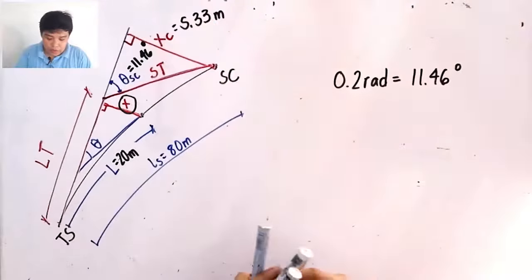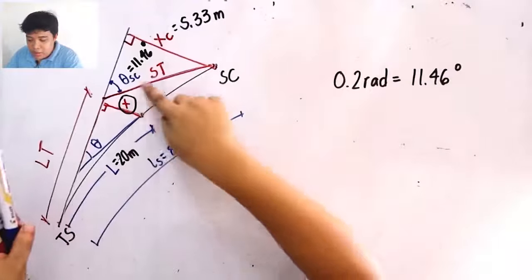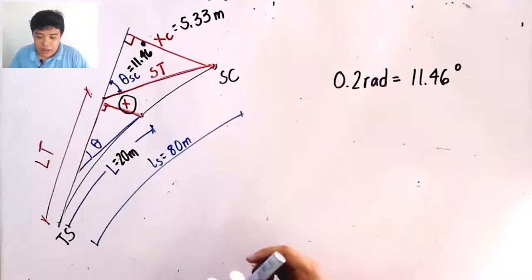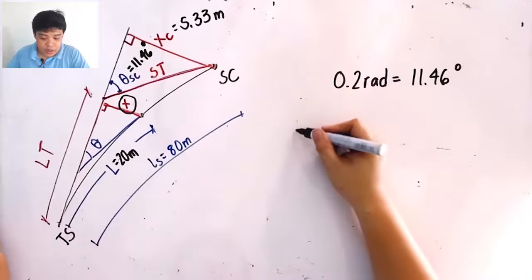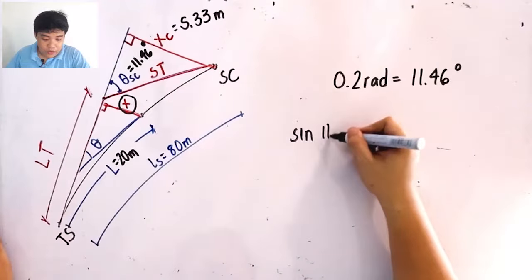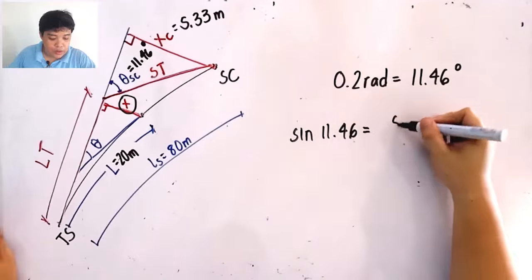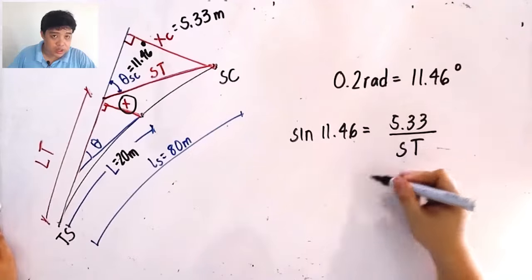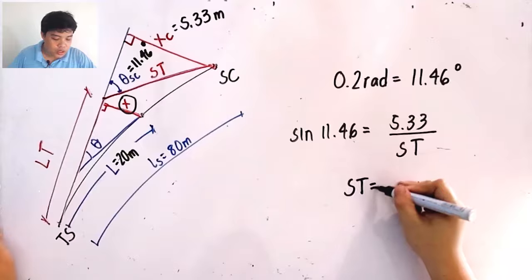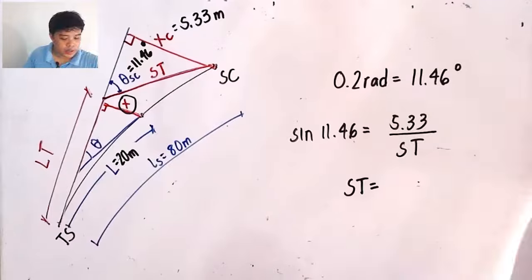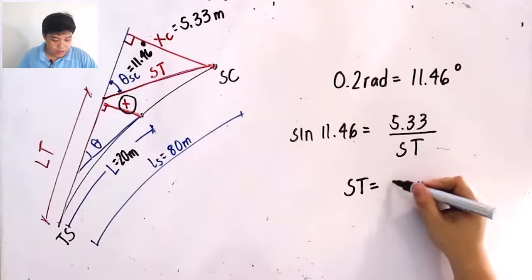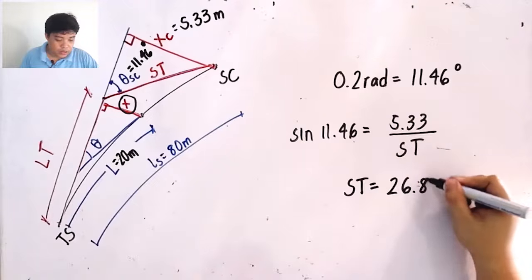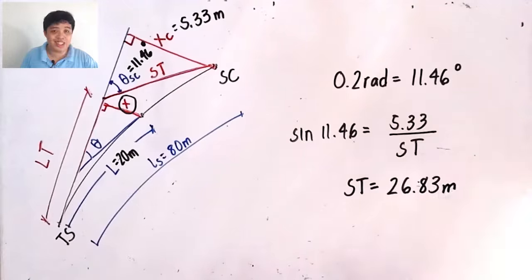If I consider this right triangle, it follows that the sine of 11.46 degrees is 5.33 all over the short tangent. So therefore, short tangent is equal to 26.83 meters. This is now the length of the short tangent.